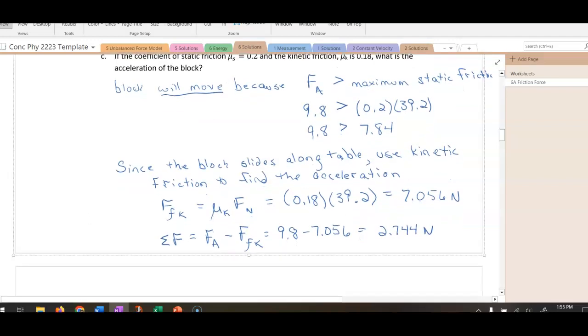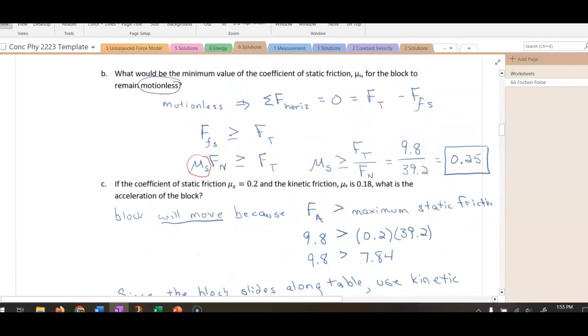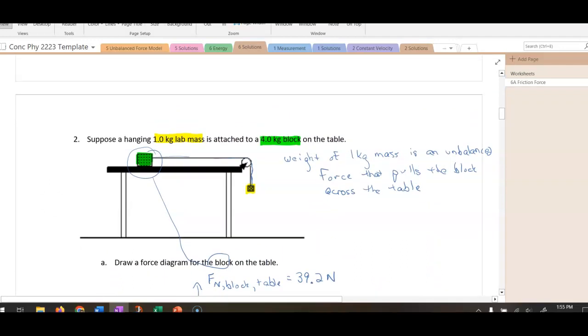And now I use that net force to find the acceleration. The acceleration would be the net force divided by the mass. By the way, if we look at this diagram, both the masses, the block, which has 4 kilograms of mass, and I've highlighted that green, and that lab mass that has 1 kilogram mass that I've highlighted yellow, they're tied together by this string that connects them, and so the total mass that accelerates is the sum of the two of them, right?